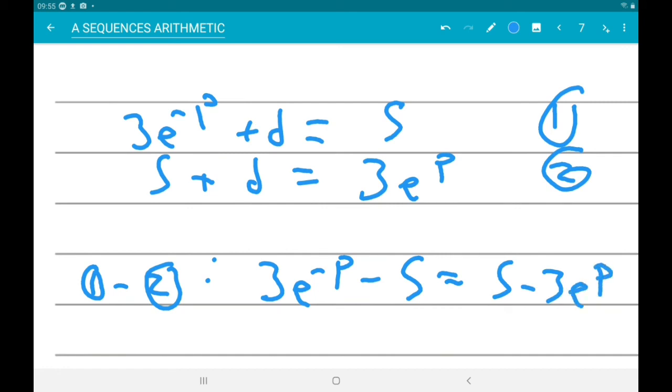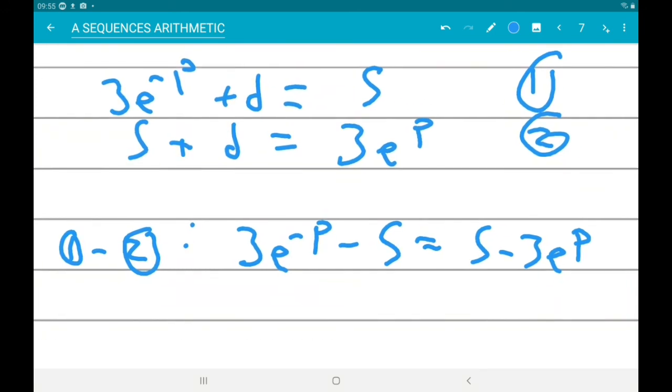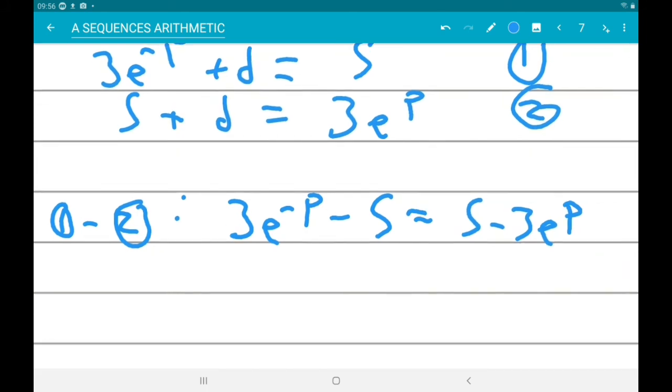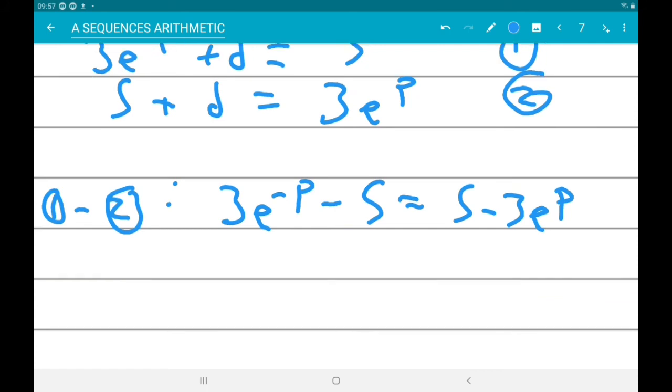Alright, now we want to solve this for b. Now it's not obvious at all what we can do. We don't want a term with a negative power of b and a positive power of b. So to get around this, what we now do is multiply through by e to the b. So the reason for that is e to the minus b times e to the b is just 1.